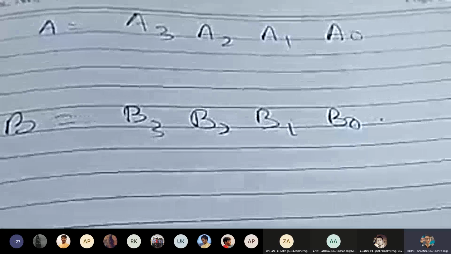Okay. So who will tell me this value? Who is going to tell me? Harsh Govind, you won't say. Okay. Anyone else? Divya will also not say. Abhijit will also not say. Nanika will also not say. Any other one? Where is my another Harsh?